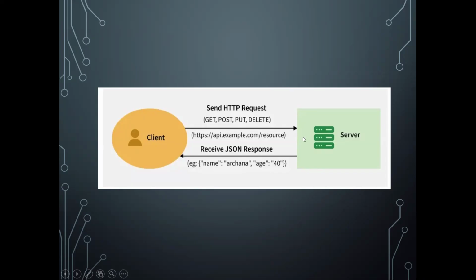So here the request is forwarded to the server by making use of this URL. So the DNS server can identify the IP address of the remote server where the request has been forwarded. And we are going to download the requested resource from this remote server. Now, we are getting back the response as a JSON format that will be given back to this end user. Example, we are getting back the record name Archana and age equal to 40. That has been enclosed within these curly braces.